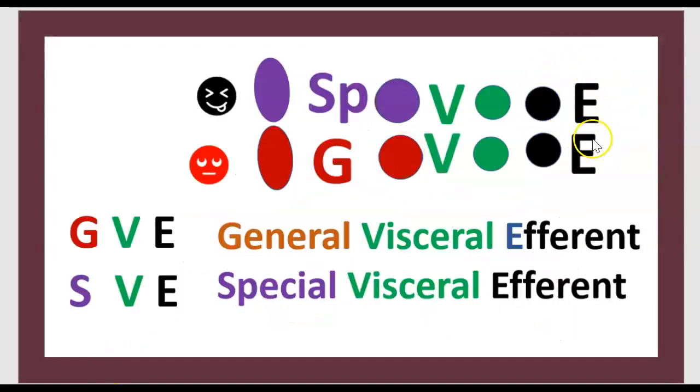Two efferents, both are visceral: special visceral efferent and general visceral efferent. Special visceral efferent for nucleus ambiguus and general visceral efferent for the inferior salivatory nucleus.